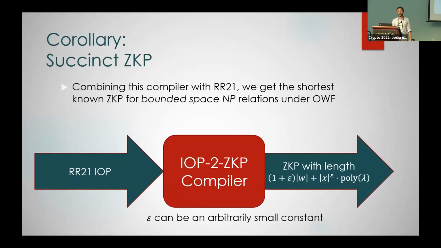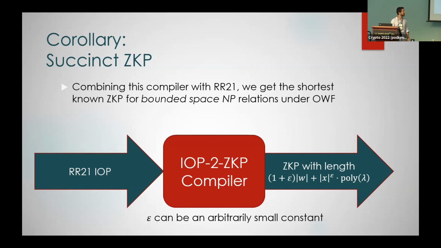If we take our compiler and apply it to the succinct IOP of Ron-Zewi and Rothblum, we get the shortest known zero-knowledge proofs for bounded space NP relations under the minimal assumption of one-way functions. So basically, what we get is a zero-knowledge proof where the communication complexity approaches the witness length, plus an additive factor that depends polynomially on the security parameter and on the length of the instance to some power. But this power can be arbitrarily small.